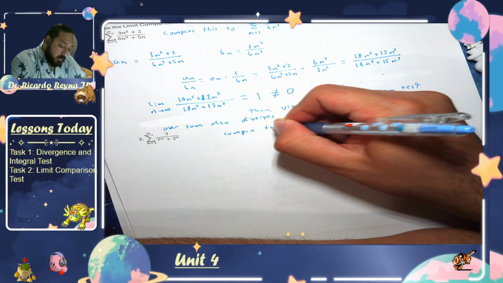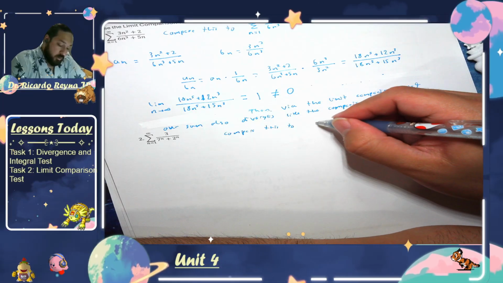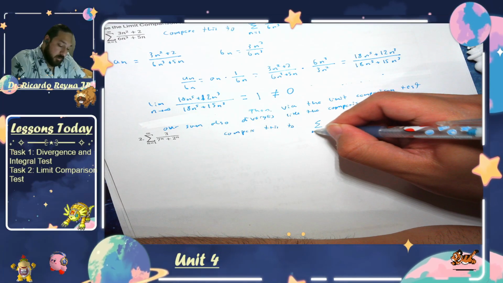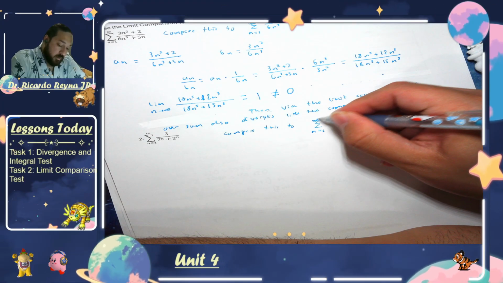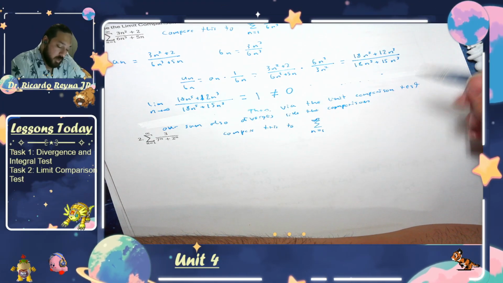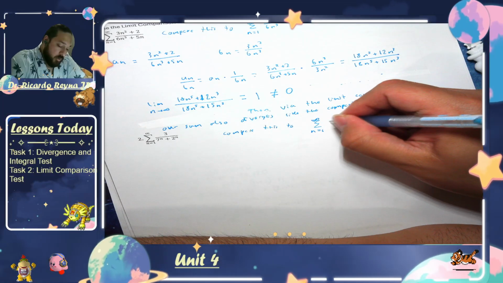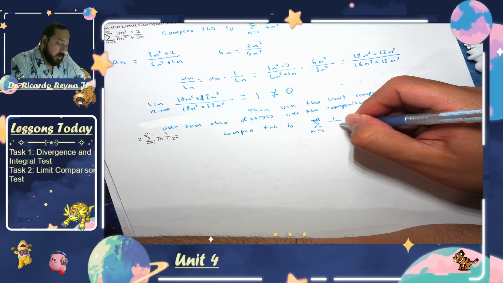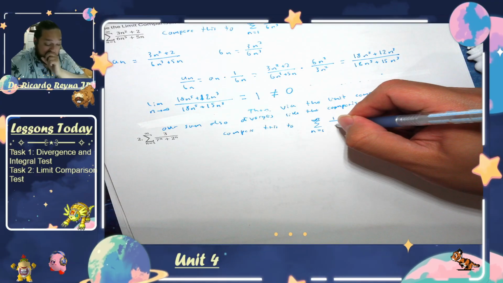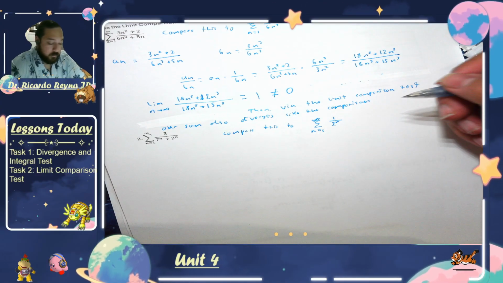Compare this to the infinite sum of 1 over 2 to the power of n. I could have done 7 to the power of n, but I'm going to do 2 to the power of n in this example.